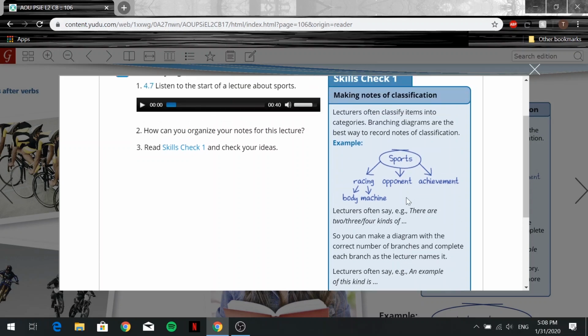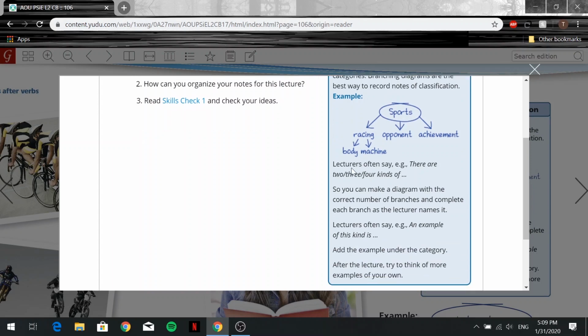Okay, so for example, like we talked about sports, we have racing, opponent, and achievement, and subcategories include, for example, body, machine, individual and team, etc. You get the idea, okay? So you'll hear lecturers say there are 2, maybe 3, 4 kinds of, and it'll keep going. So you know, that's how you start the diagram.